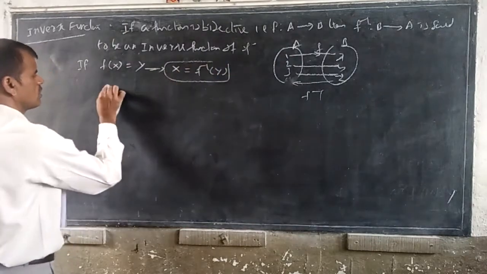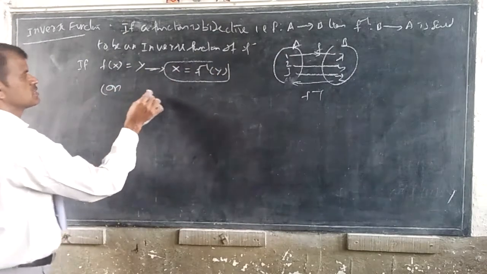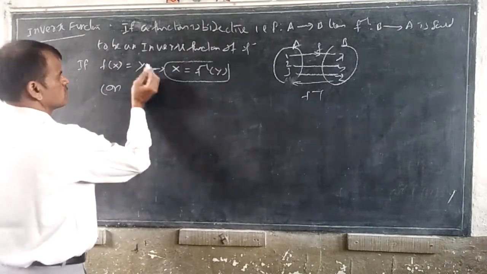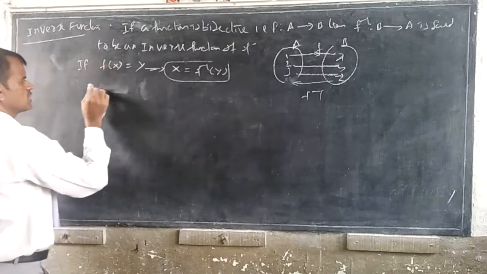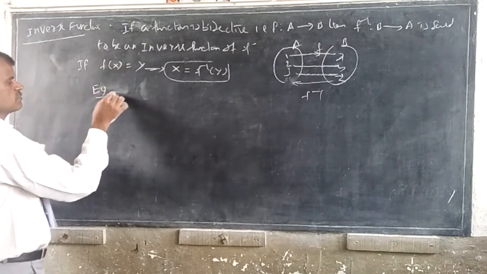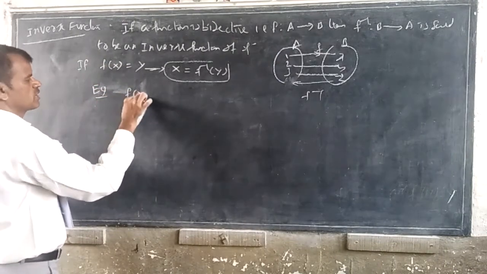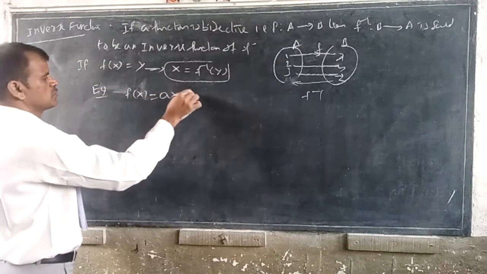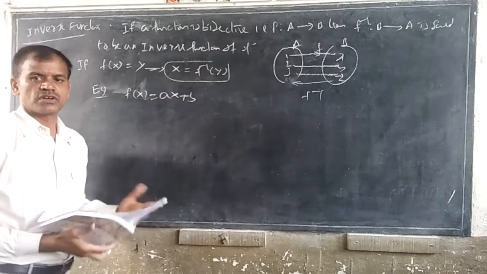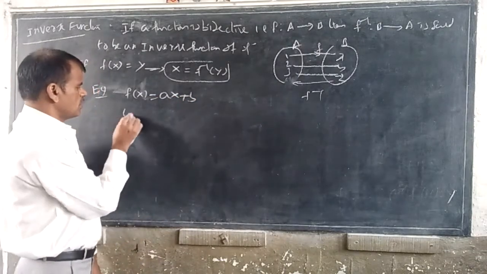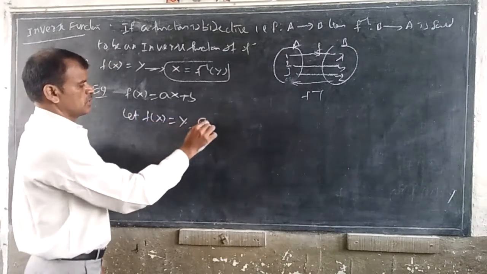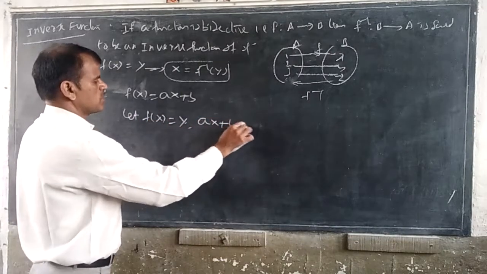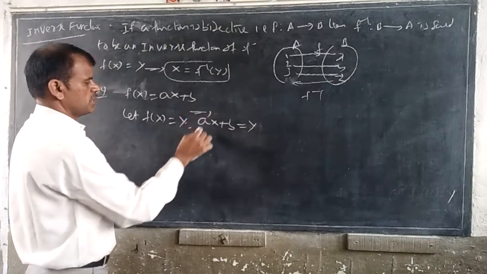Let us take an example. F of x is equal to ax plus b. To calculate the inverse function, let f of x equal y. That implies ax plus b equals y.